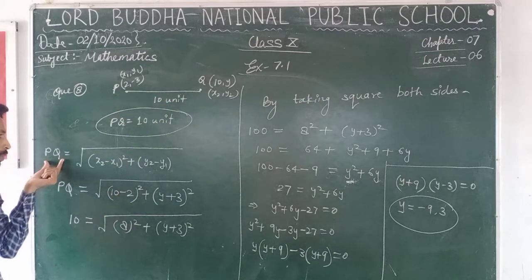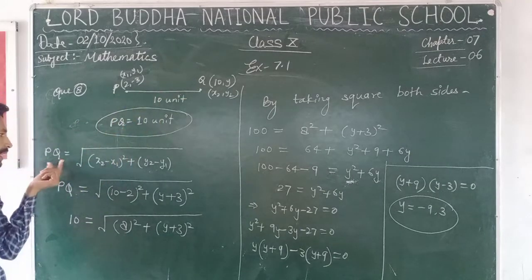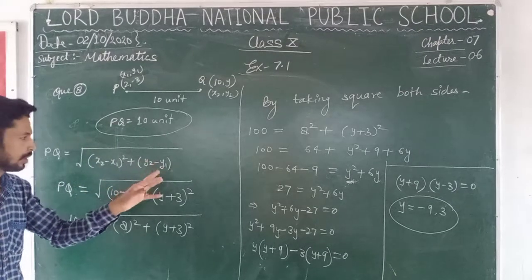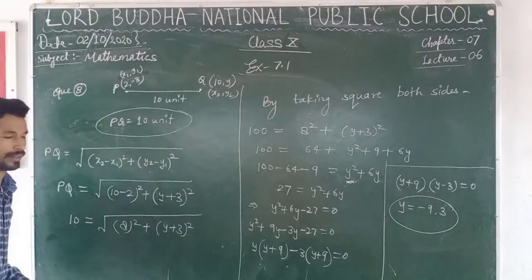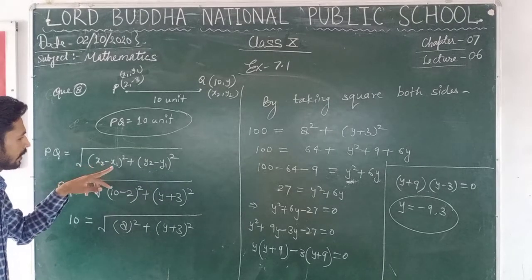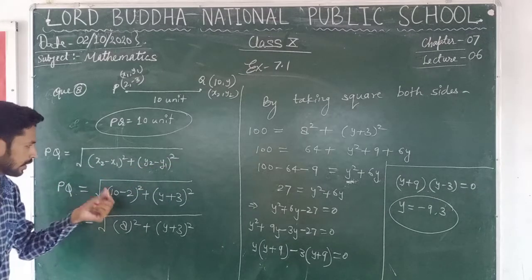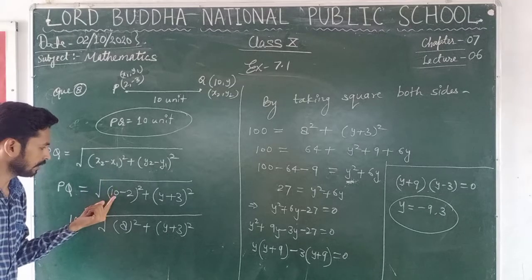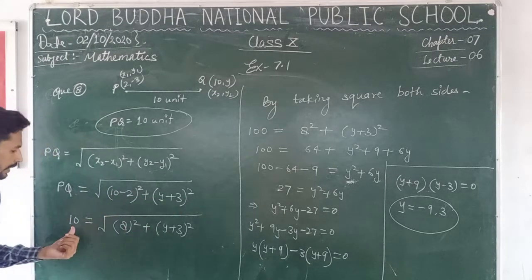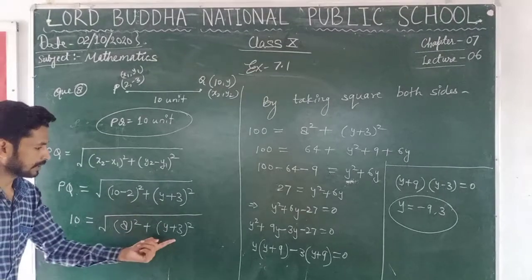So here is the formula to find the distance between these points P and Q, that is PQ equals the square root of (x2 minus x1) whole square plus (y2 minus y1) whole square. So PQ equals the square root of (10 minus 2) whole square plus (y plus 3) whole square. In place of PQ we put 10. Here will be 8 square plus (y plus 3) square.